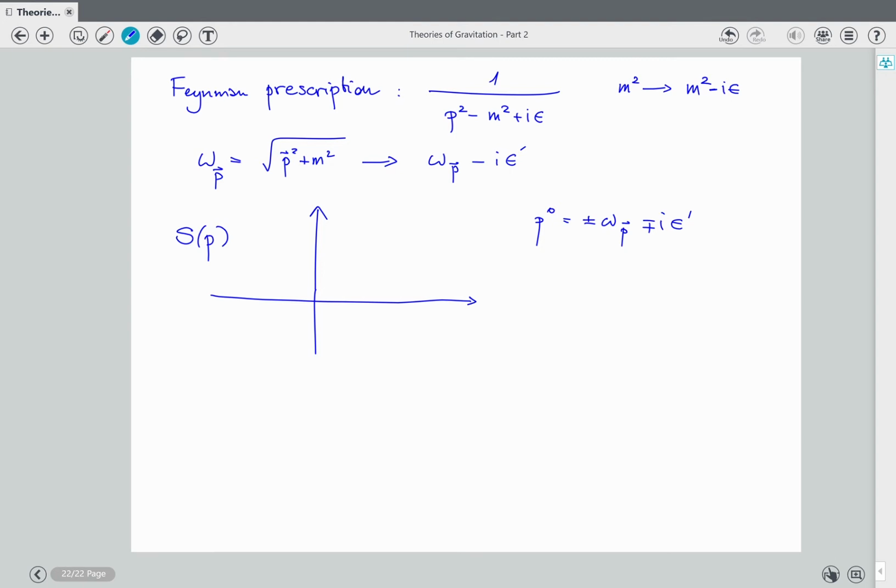So the poles on the real axis are not on the real axis anymore.